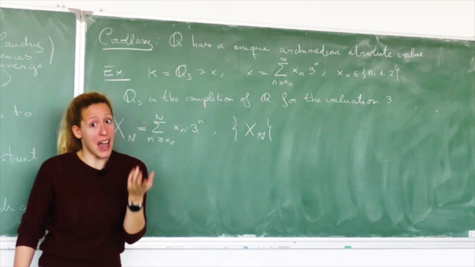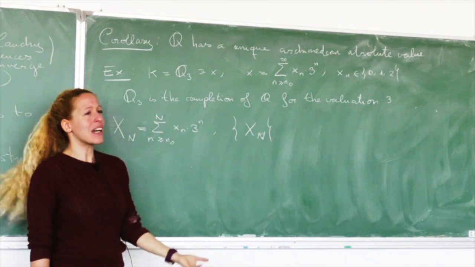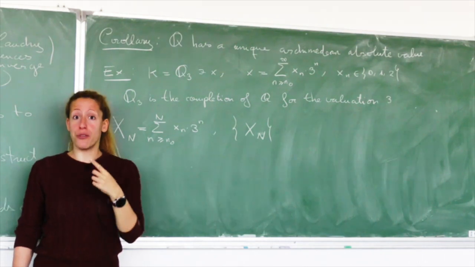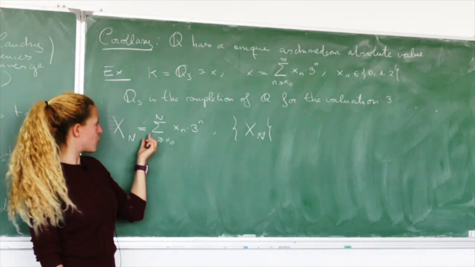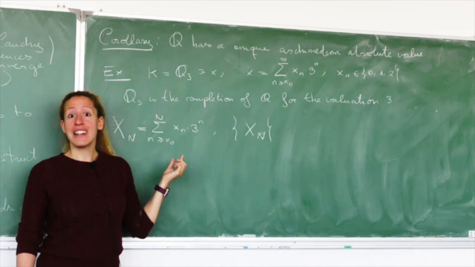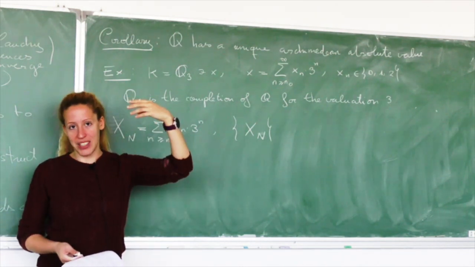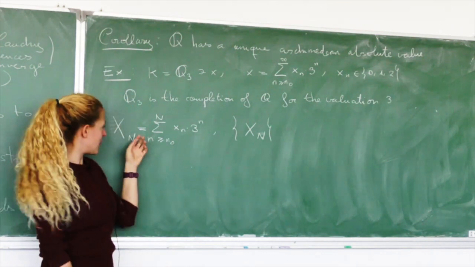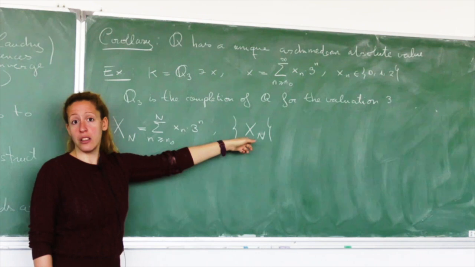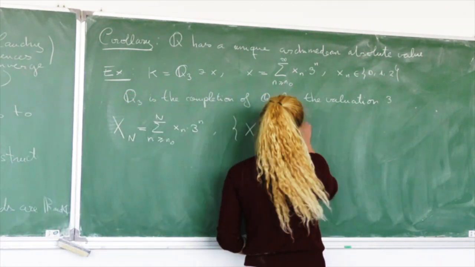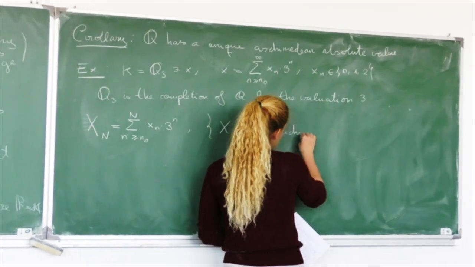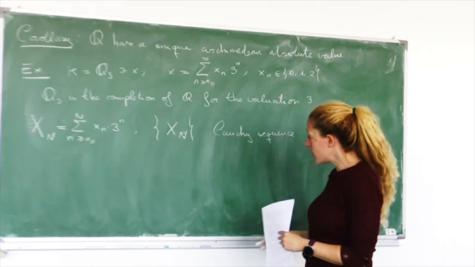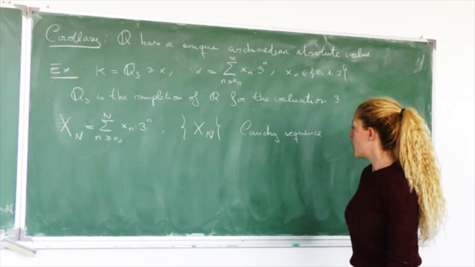But three-adically, you get a big power of 3 dividing the difference of two terms like this, and having a big power of 3 dividing those terms makes the distance small. So those terms form a Cauchy sequence, where the metric is the one given by the three-adic topology, by the three-adic valuation.